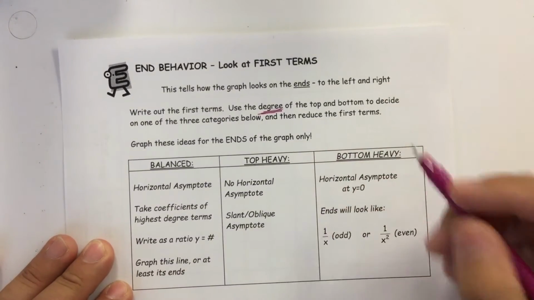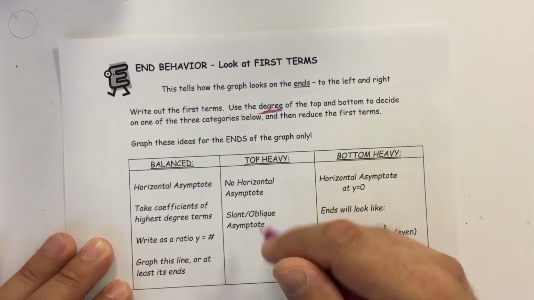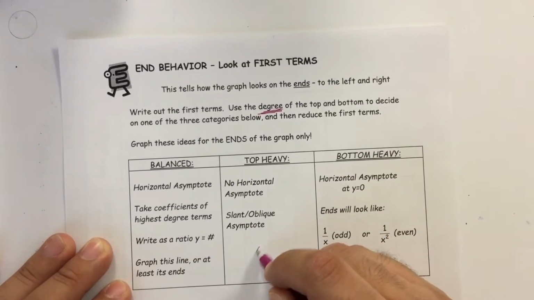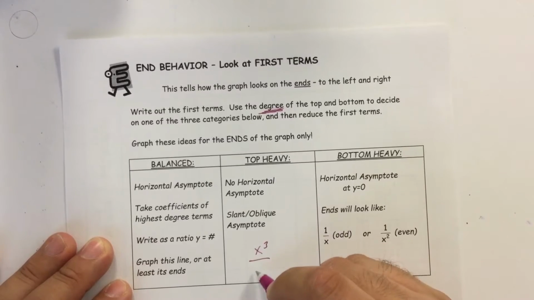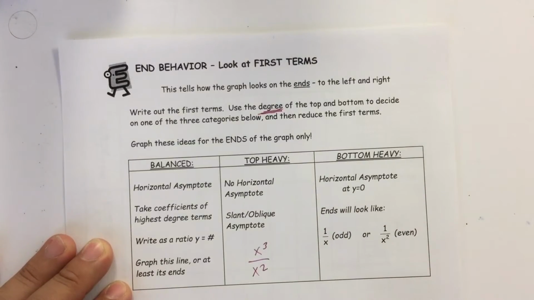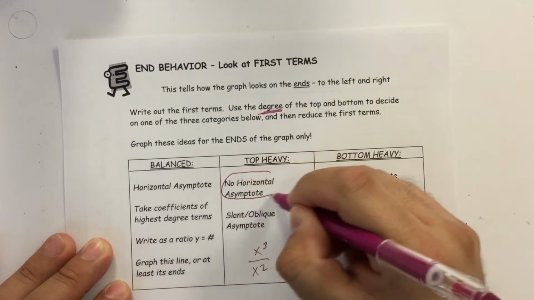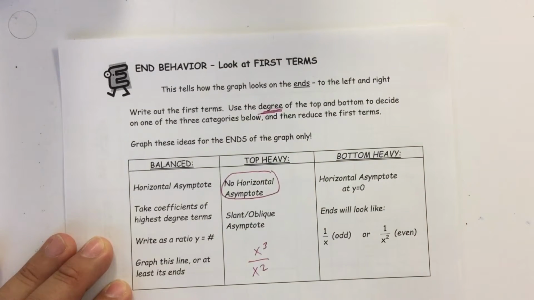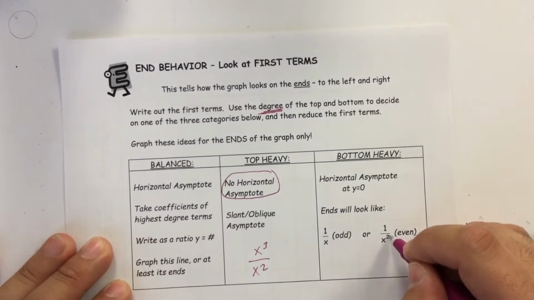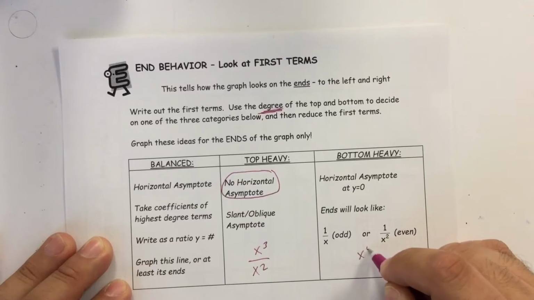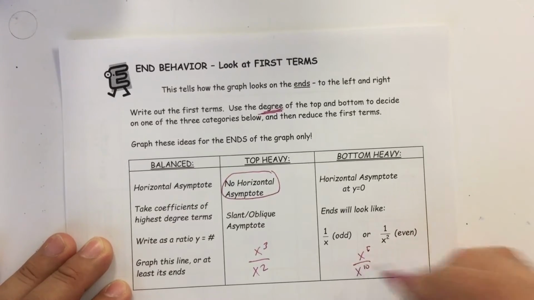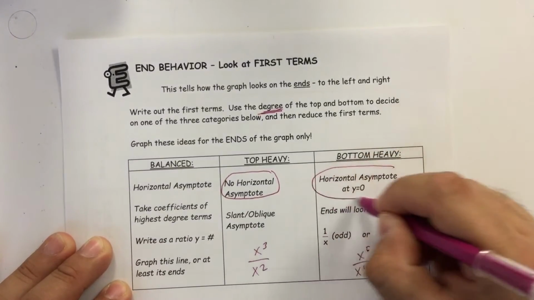If the higher power is at the top, for example x cubed over x squared, there is no horizontal asymptote. If your power is biggest on the bottom, x to the 5th over x to the 10th, y equals 0.